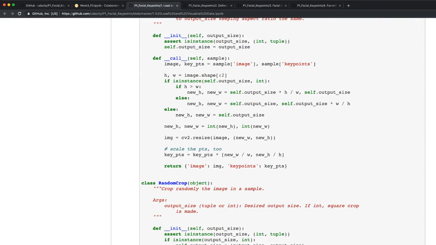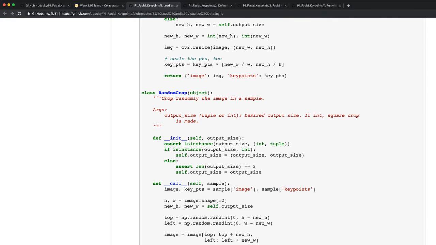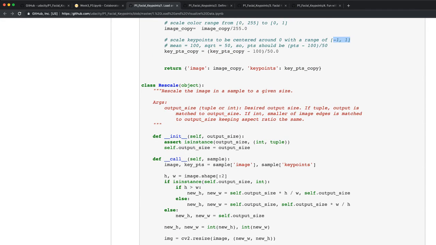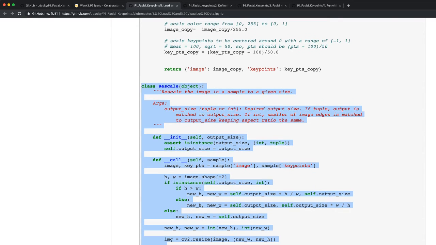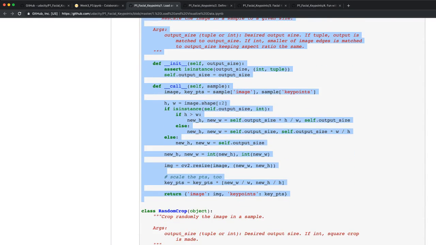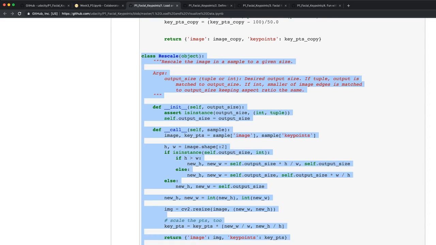Here, rescaling and random cropping. Rescaling: it often happens that neural networks, when we use transfer learning, these architectures, have a specific size that they expect the images to be in. That's usually 224 by 224 in PyTorch for the models we're working with. So we want to use these two methods to get the images into the right sizes.